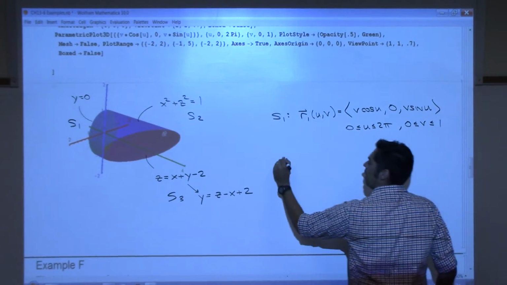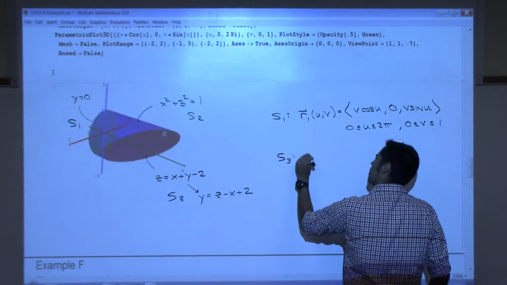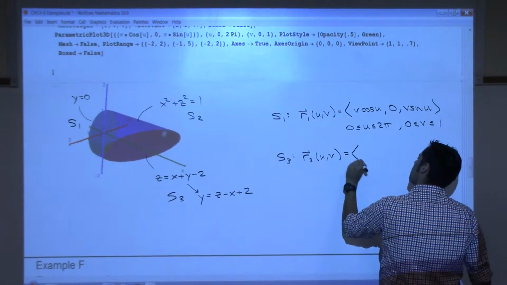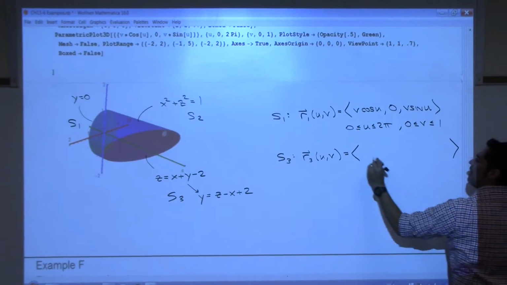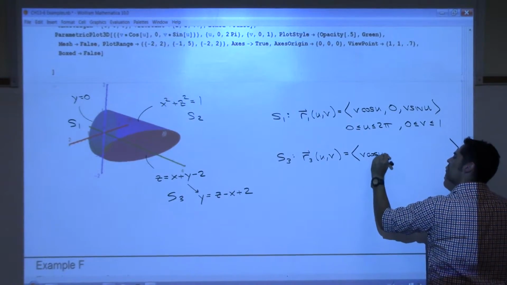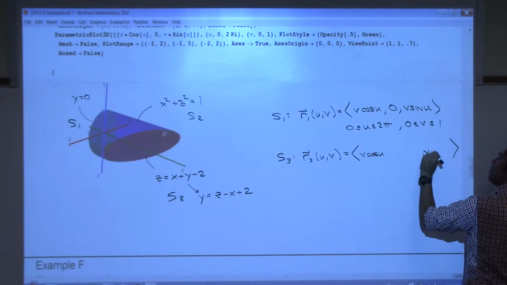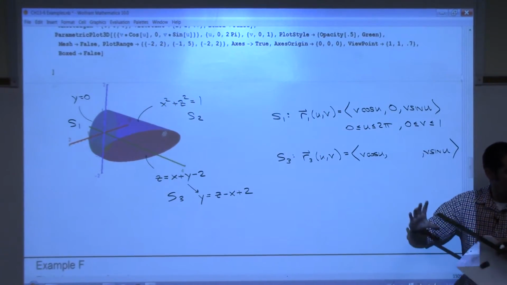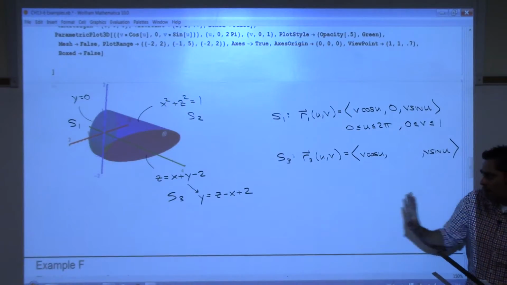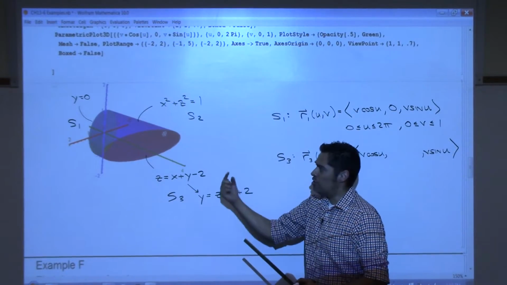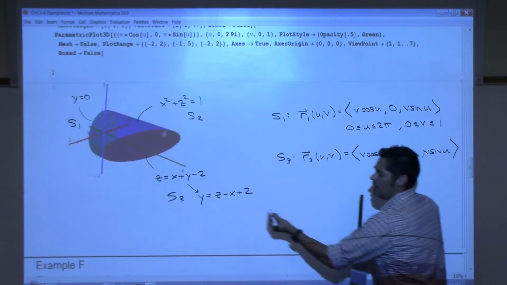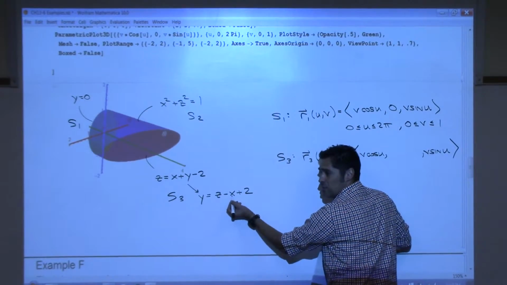So let me write this down. S sub 3 is R sub 3 of uv. And this should be equal to, I know that my x component must be this, my z component must be this. That's still giving me that disk effect, right? The y part, the part that's coming out at me, is going to change depending on my x and on my z. It will be exactly my z coordinate minus my x coordinate plus 2.